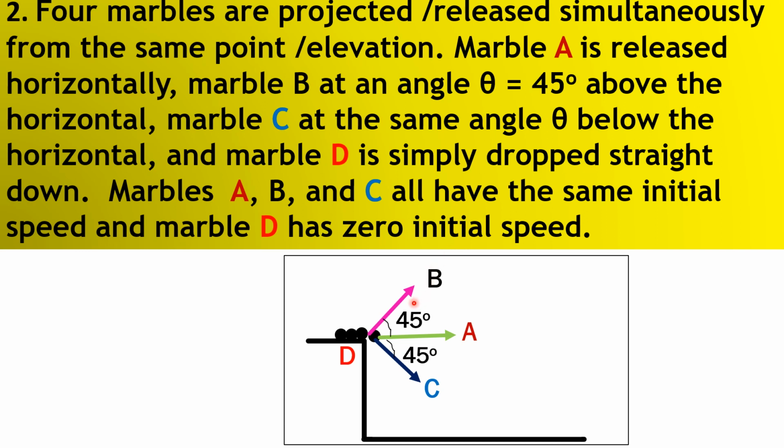The fact that marbles A, B, and C are projected at different angles from the horizontal, even if the magnitudes of their velocities are the same, the velocities per se of these three marbles are not the same. The best term to use is initial speed.